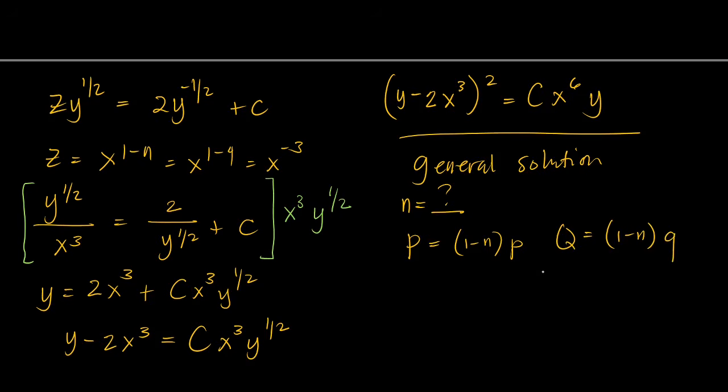Right? Okay. And then after that, mag-introduce tayo ng new variable, z, kung saan linear na yung differential equation, and use the integrating factor e raised to the integral of P dx. Okay. So here, the independent variable is x, and the dependent variable is z.